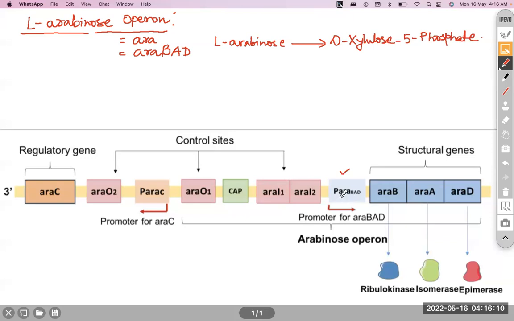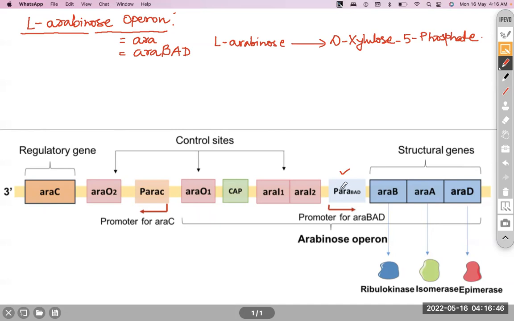P stands for promoter, araBAD is the operon's name. This is the operator for araBAD. A single transcript messenger RNA is produced when the structural genes are transcribed, when RNA polymerase sits over this promoter region.